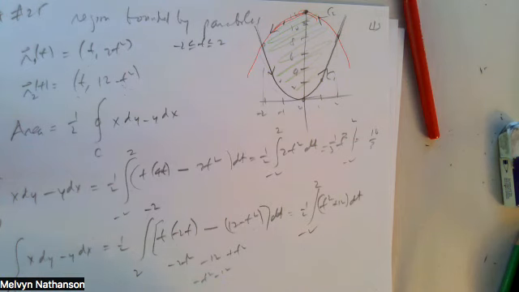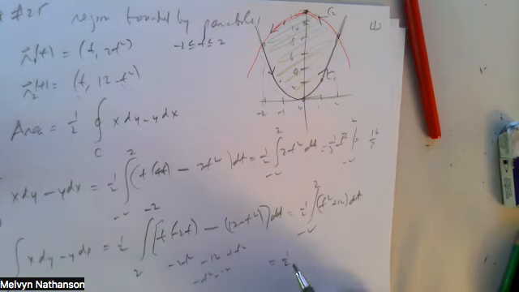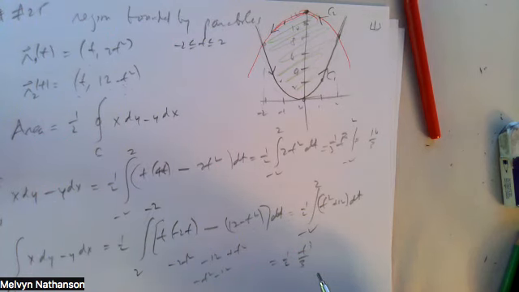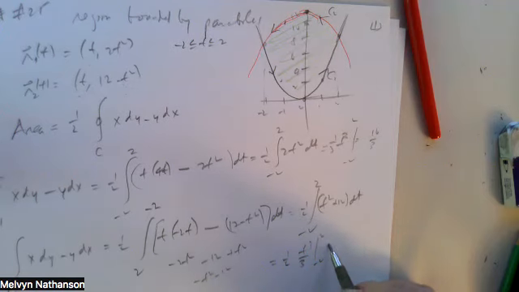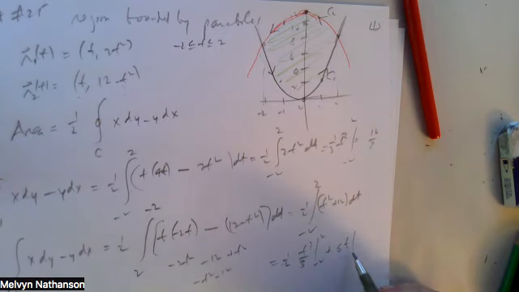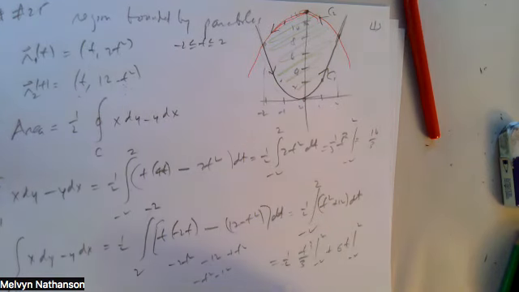So this is 1/2 t cubed over 3 evaluated from -2 to 2, plus 1/2 times 12, 6t from -2 to 2.